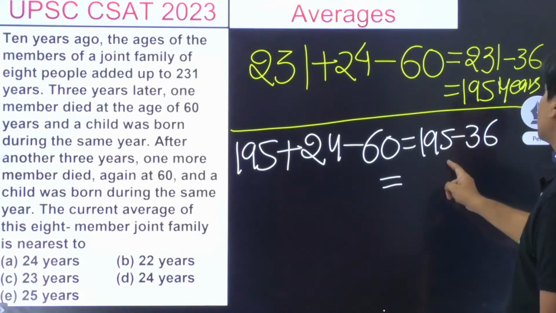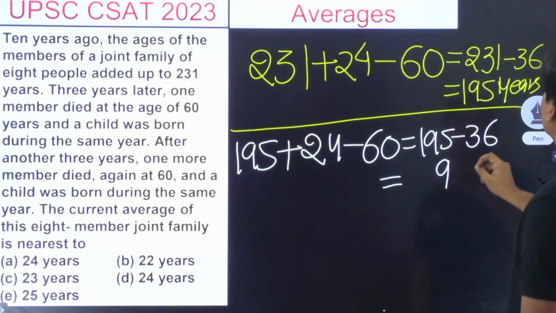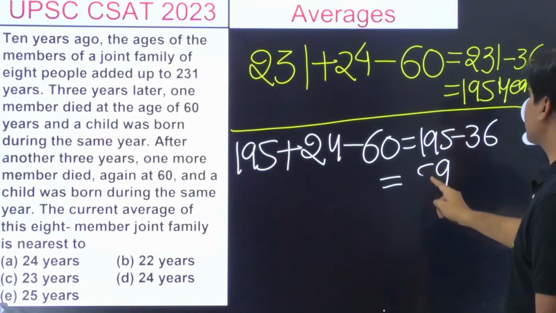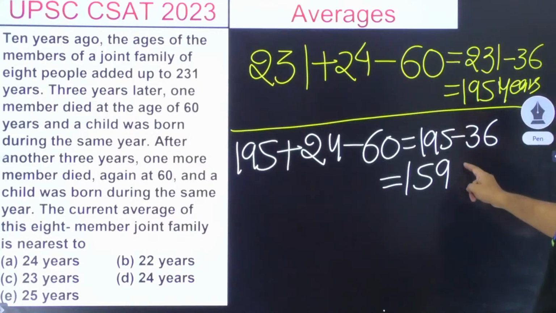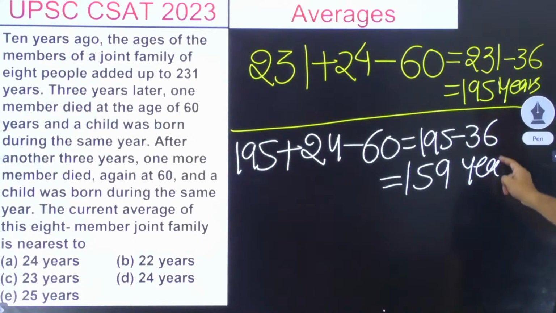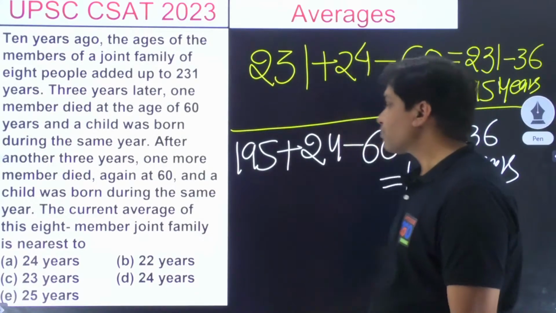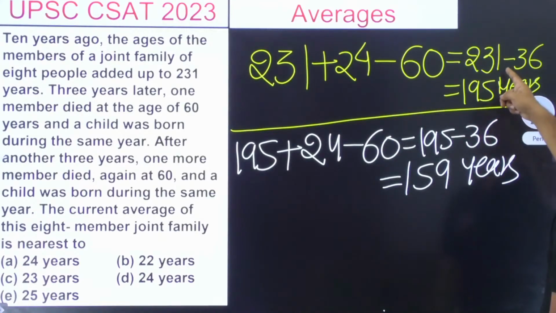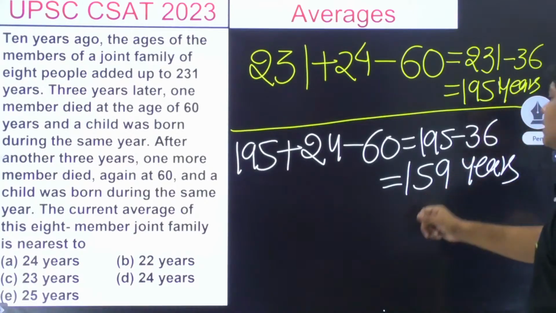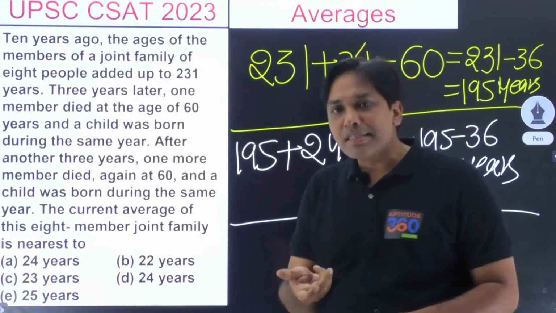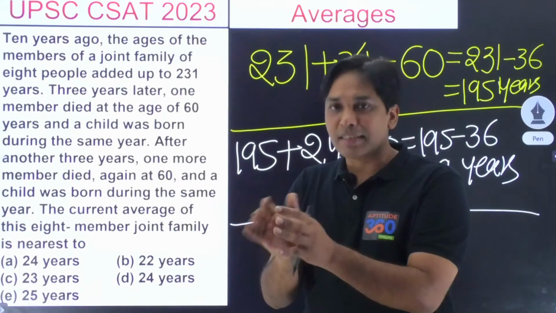Am I doing it correctly? Yes. That is 159 years, isn't it? Correct. And it says that another person has taken birth, so the number of persons will remain 8, isn't it?